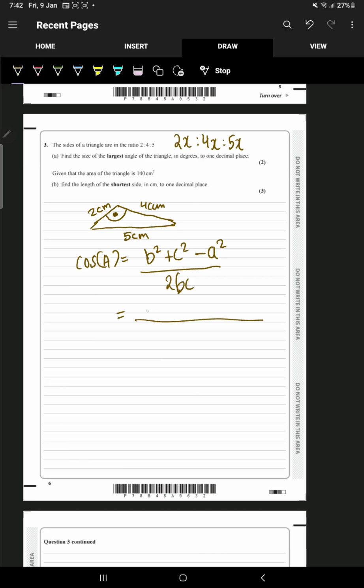Okay, so now this is b, this is c, and this is a, and this is the big A. Okay, so 2 squared plus 4 squared minus 5 squared over 2 times 2 times 4. Now let's take the cos inverse of it.